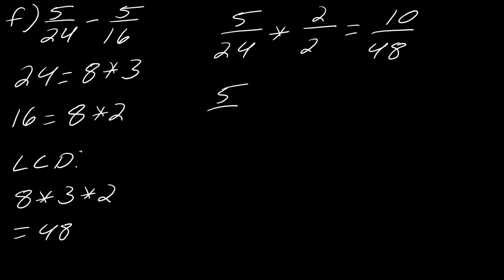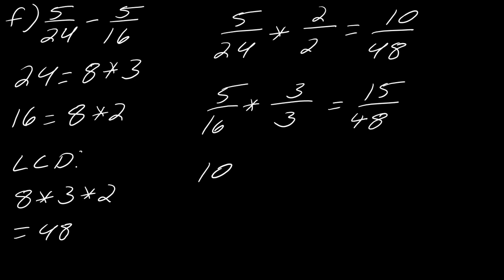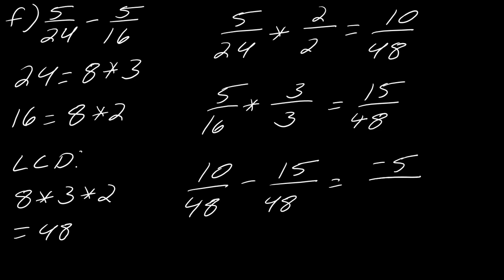And for 5 over 16, I need to multiply the top and bottom by 3 over 3, so this will be 15 over 48. Now I've got 10 over 48 minus 15 over 48, that equals negative 5 over 48.